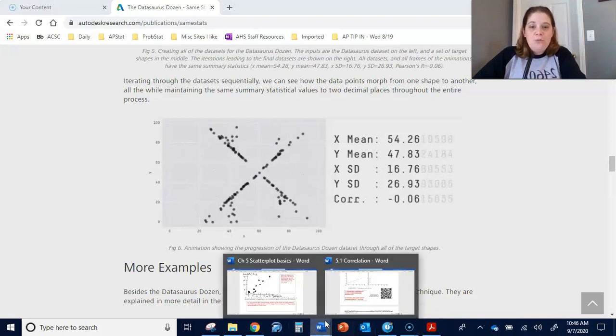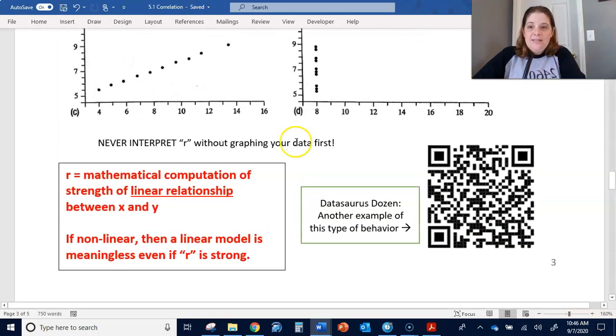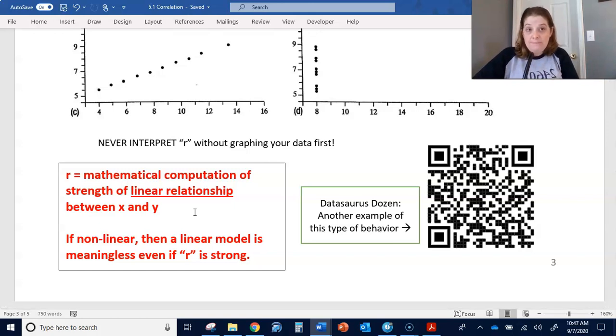Okay, all right, so when we're talking about r, the thing to remember is that r is a mathematical computation of the strength of the linear relationship between x and y. It is literally computed mathematically. It does not take a look back at the scatter plot and go, ooh, I said this was a strong linear relationship, but that looks really curved. So you, as the statistician, always have to go back and look at your scatter plot.